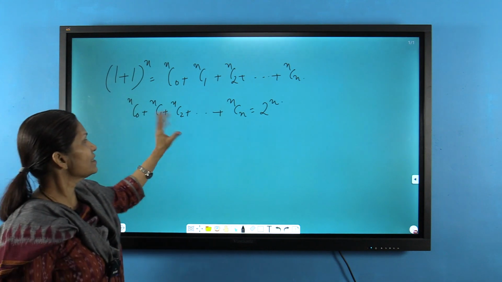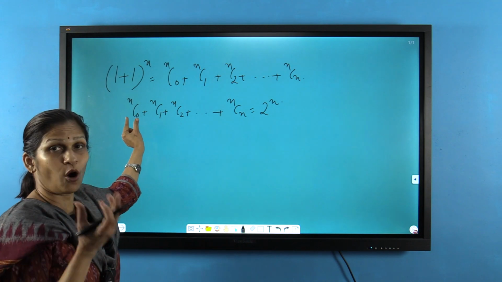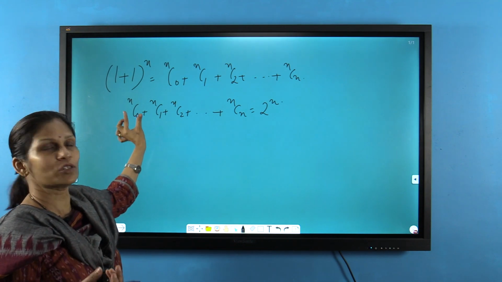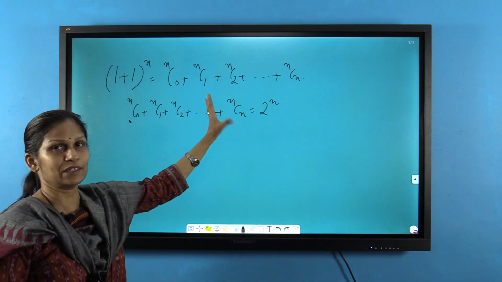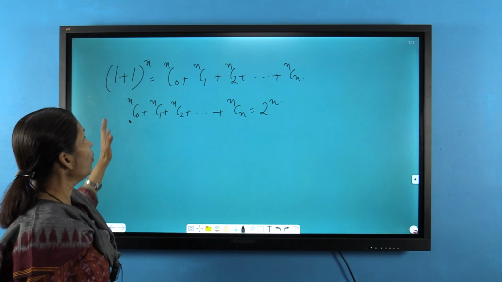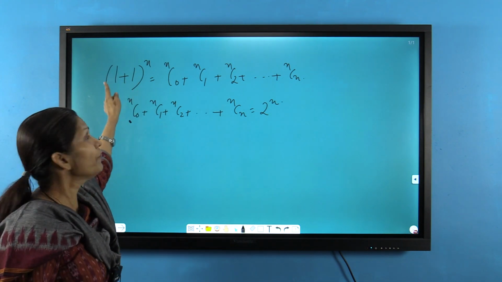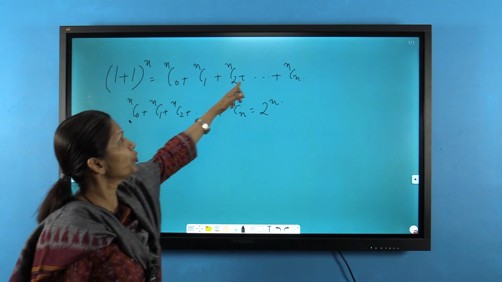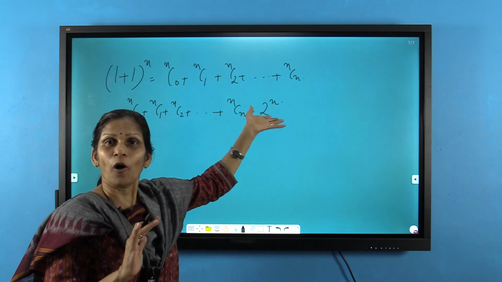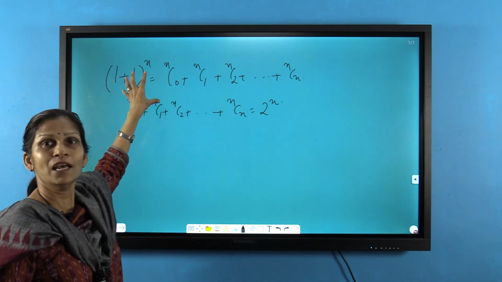Now, see, these are the sum of odd and even terms. When I say odd terms, I don't mean that the value is odd. I'm talking about the first, third and fifth and all. That's what I'm calling the odd terms. Now, similarly, if I expand (1 minus 1) the whole raised to n, won't you have alternate positives and negatives? And what is the value of 1 minus 1? 0.